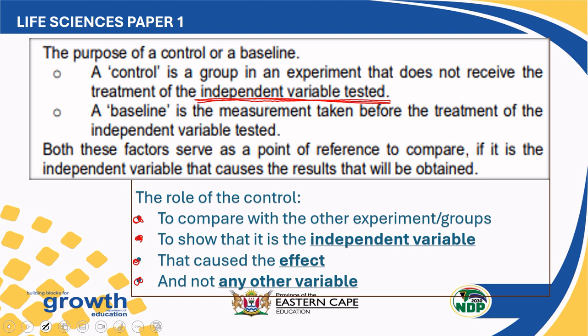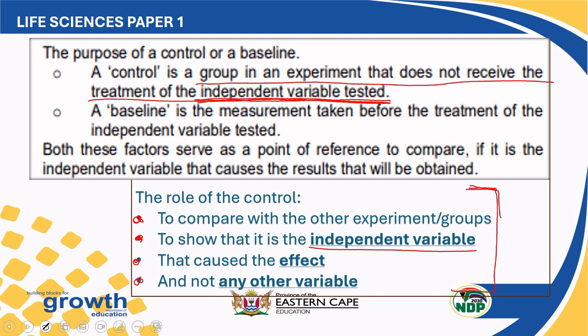Control is important to show that our results are correct and the results are due to the independent variable, and that there are no other factors in our experiment that are affecting these results. So remember to learn your definition for a control. It is the group in the experiment that does not receive the treatment of the independent variable. And then also remember to learn why a control is needed.